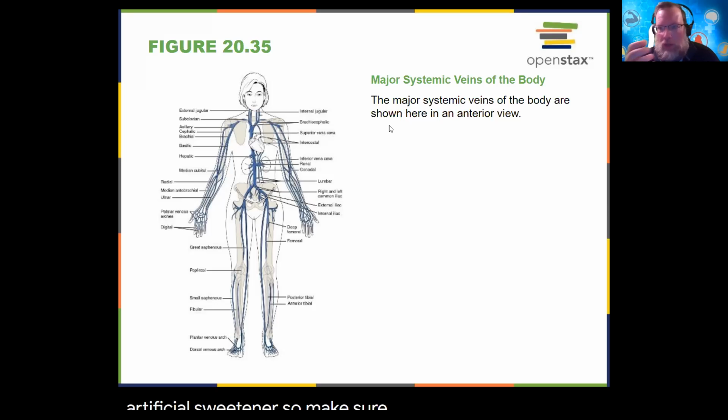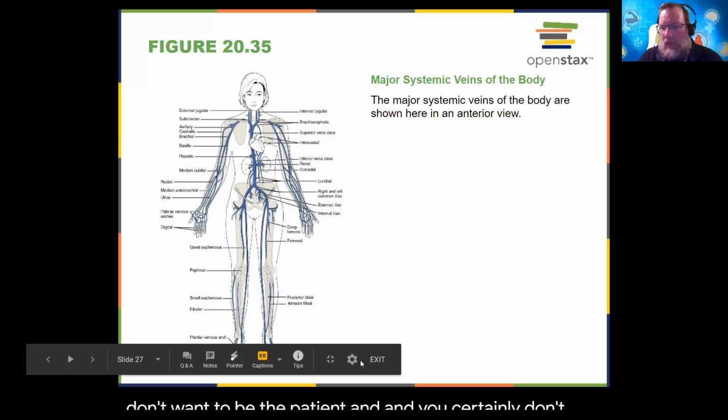So make sure you're reading those labels. I don't drink those either. If you're living a lifestyle that requires that much caffeine, then again, we need to have a chat because I'm here to help you guys feel good and be healthy. You want to be a nurse or in medical for the rest of your lives. You don't want to be the patient, and you certainly don't want to be reliant.